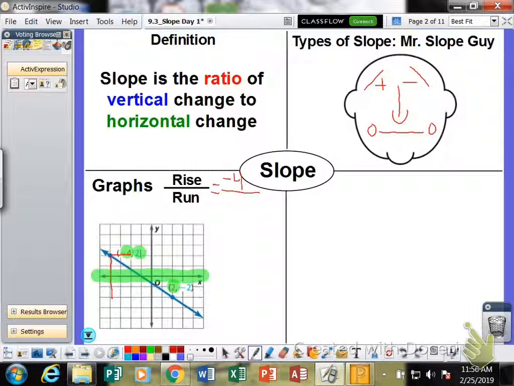1, 2, 3, 4, 5, 6. And that gets me to my 2. My x value of 2 in my second ordered pair. So because we went 6 units to the right, our run here would be 6.